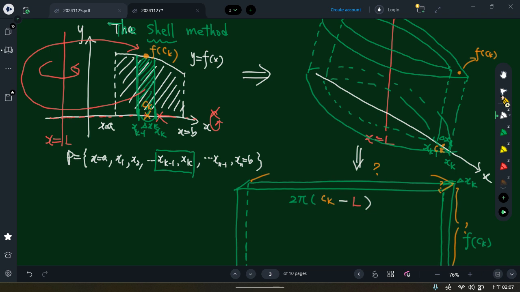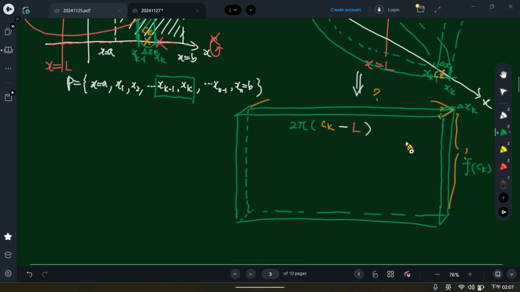You get it? So this small portion V_k will be 2 pi (c_k minus L) times f(c_k) times delta s_k.